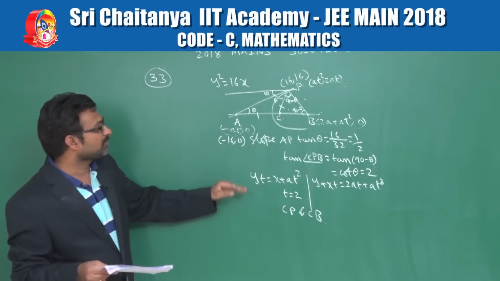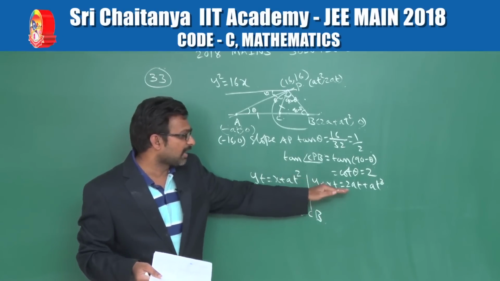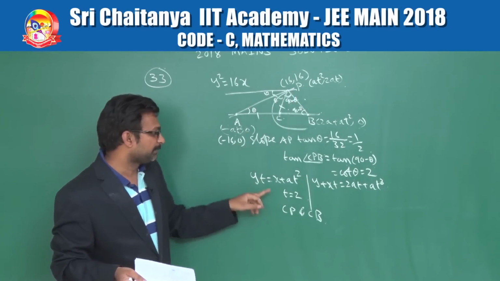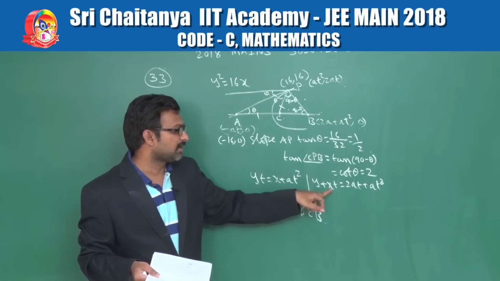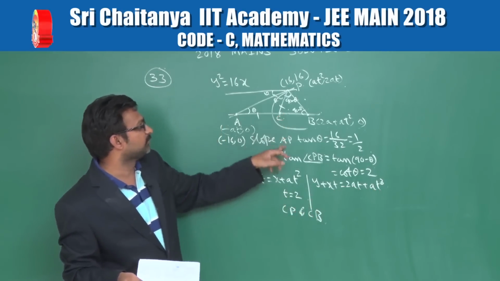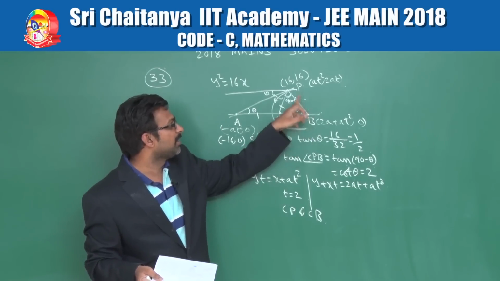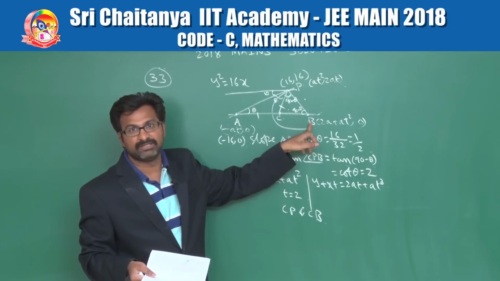Or else what we will do is, we know the equation of the tangent and normal at any point in parameter t, where t is 2: yt is equal to x plus at square and y plus xt is equal to 2at plus at cube. Using that also we can find the slopes of CP and BP, and we can find the tan of the angle included between them.